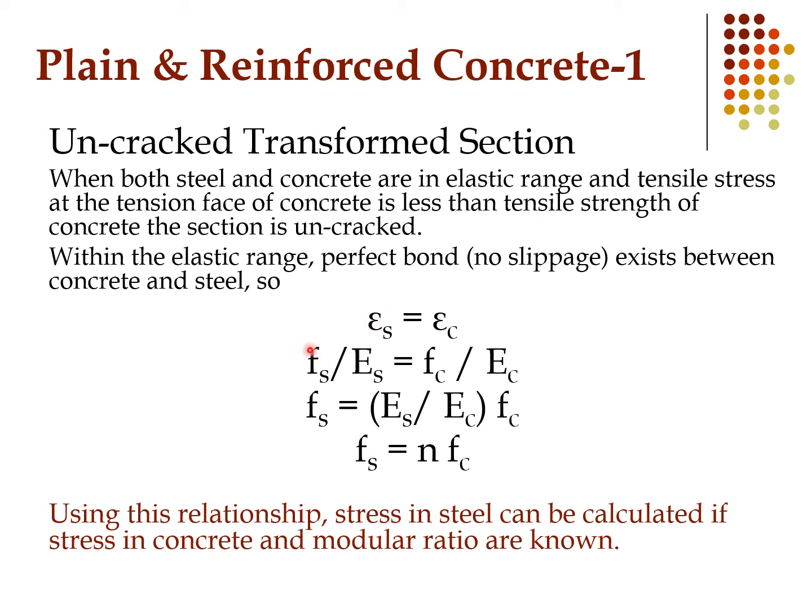So εs equals Fs divided by Es equals Fc divided by Ec. If we do some rearrangement, Fs becomes equal to Es divided by Ec times Fc, or we can say that stress in steel Fs equals modular ratio n times stress in concrete Fc. So using this relationship, stress in steel can be calculated if we know the stress in concrete and the modular ratio.